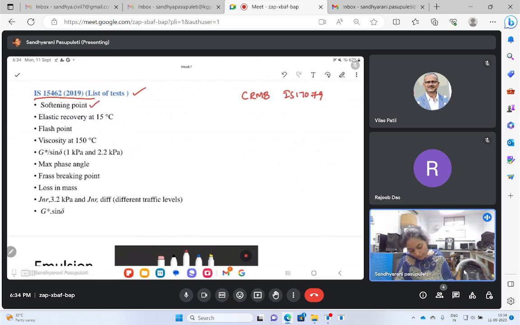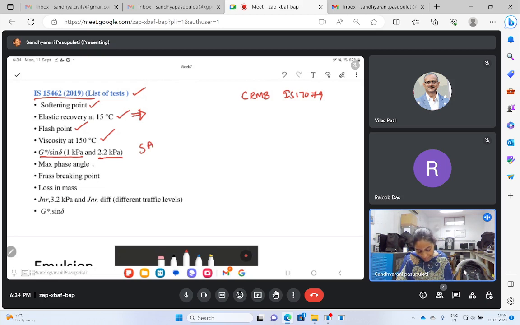So we perform the softening point test as usual and elastic recovery at 15 degrees. This is to understand the recovery property, and the flash point test to understand the safety features, and the viscosity at 150 degrees. And this G star by sin delta, a minimum of 1 kilopascal should be there for unaged binder, and 2.2 kilopascals is for RTFO aged or short-term aged binder.